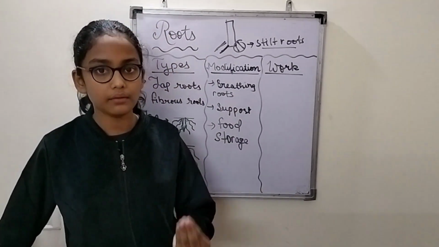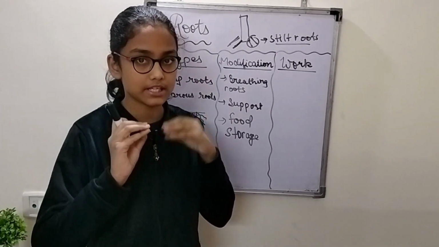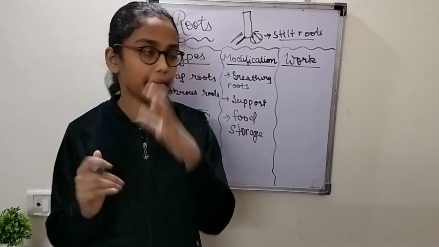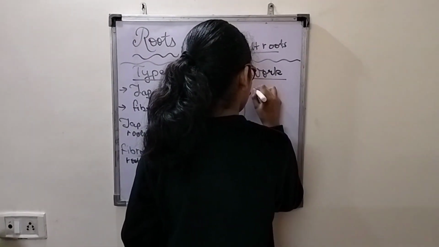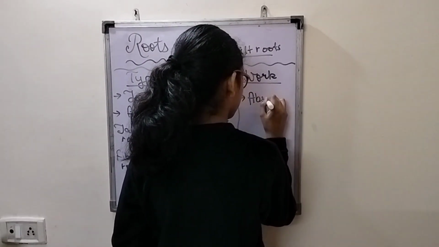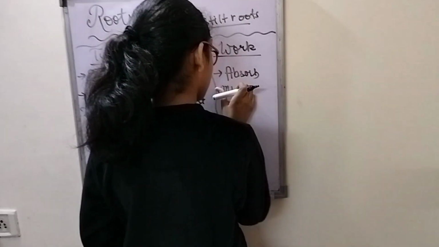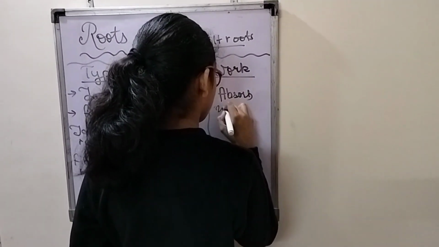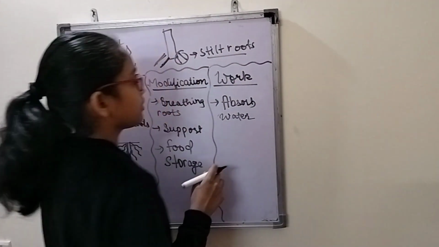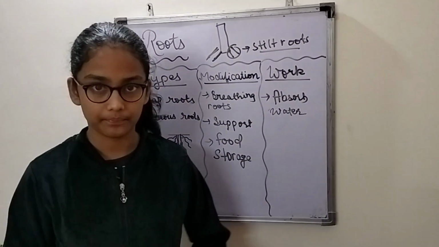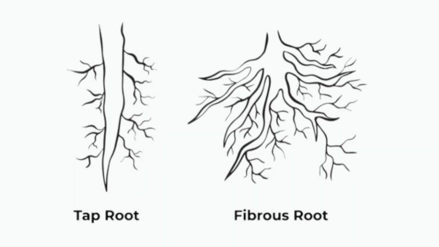Roots help absorb minerals and water from the soil and give them to the plant. The main work is to absorb water. Okay, now move to the next topic.